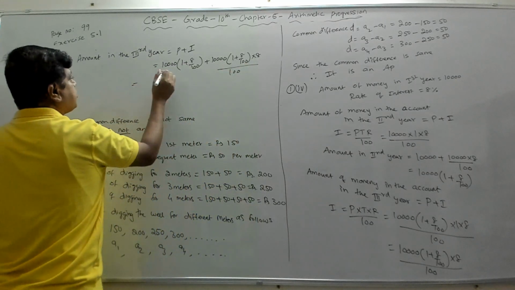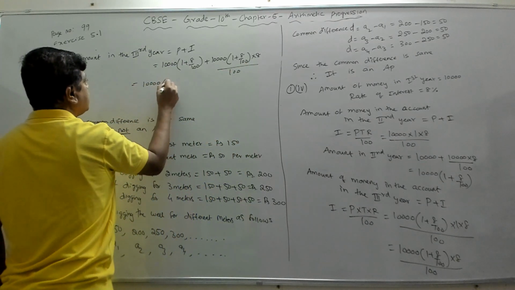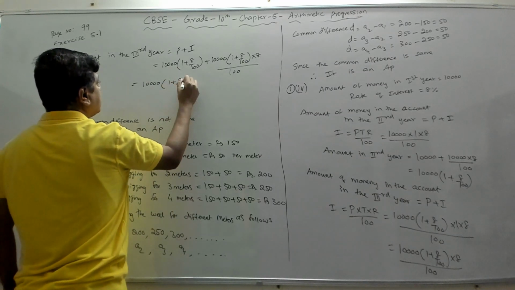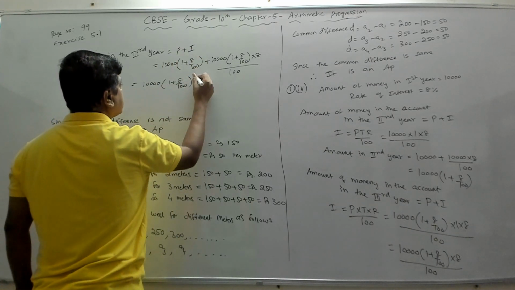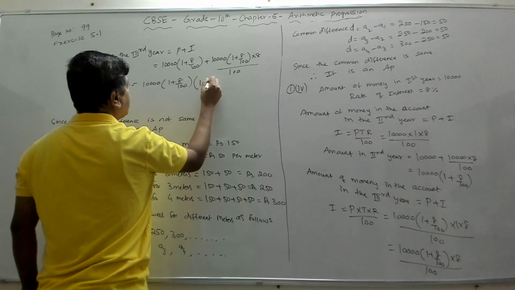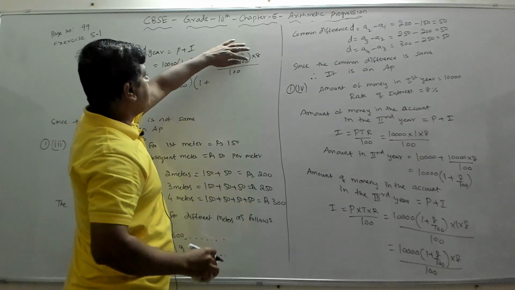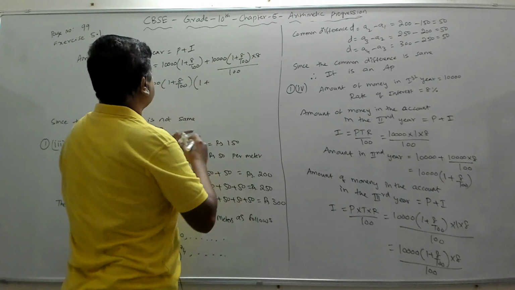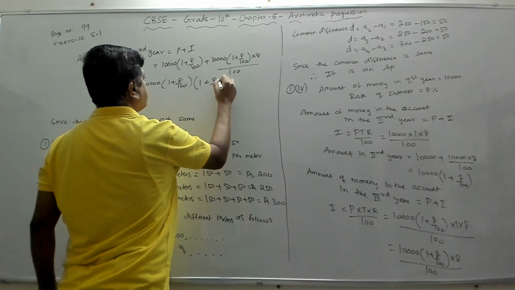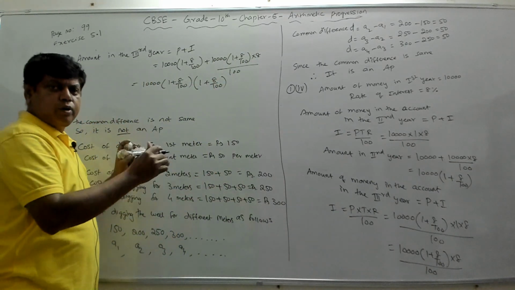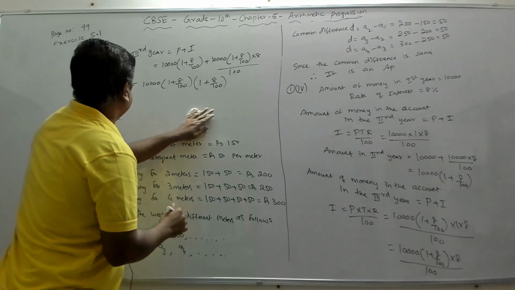Now in this, if you observe, if you take 10,000 into 1 plus 8 by 100 common, then this entire thing will become 1, plus here I will get 8 by 100. So don't simplify and don't do anything. We'll keep it as it is.